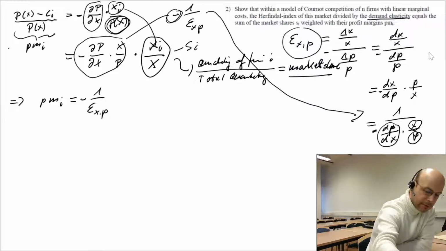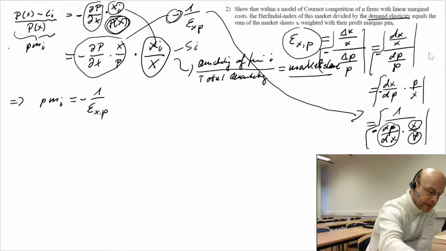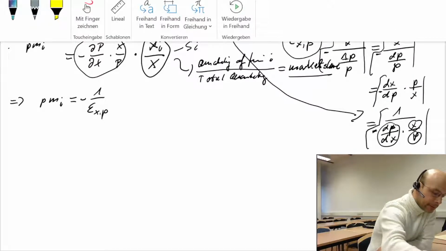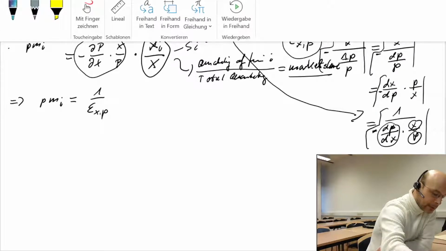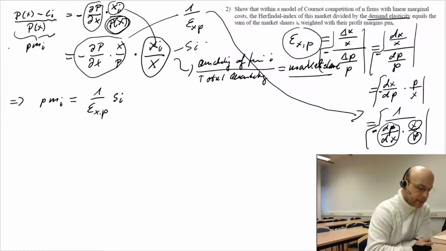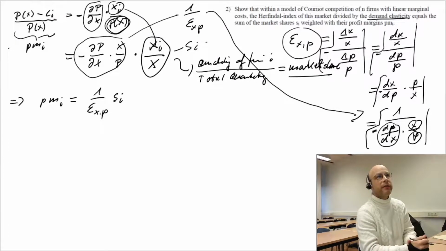So in this case, if we define demand elasticity with a minus sign, then we can skip this minus here, and skip all this here. So times the market share.